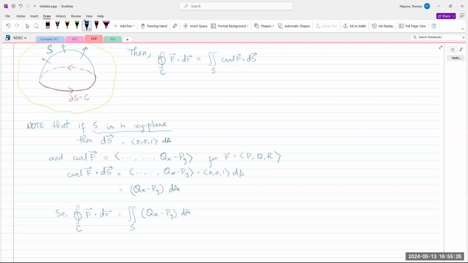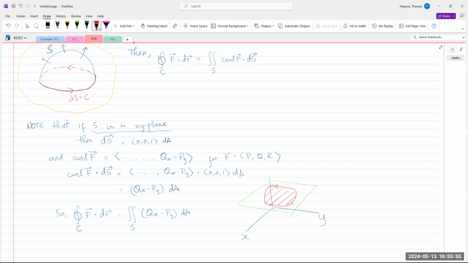Let's say this is our xy plane here, and the surface S happens to be on a parallel plane, a plane parallel to the xy plane.